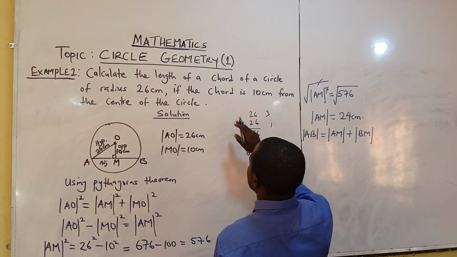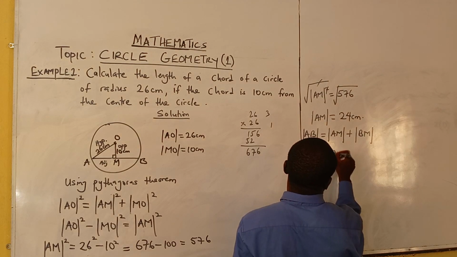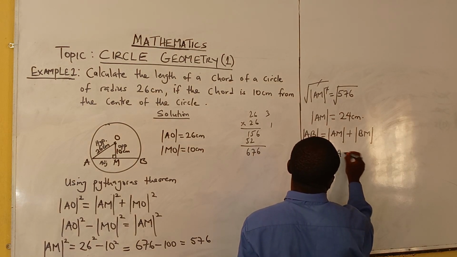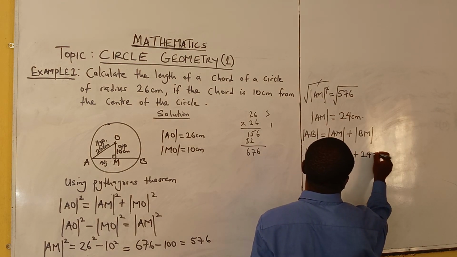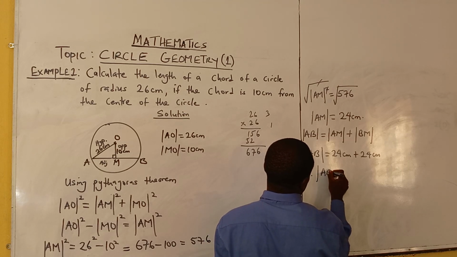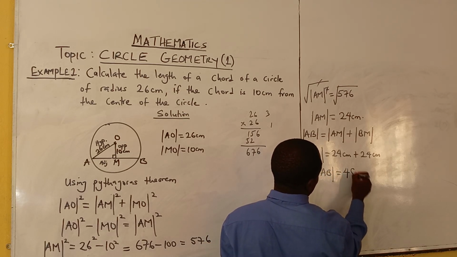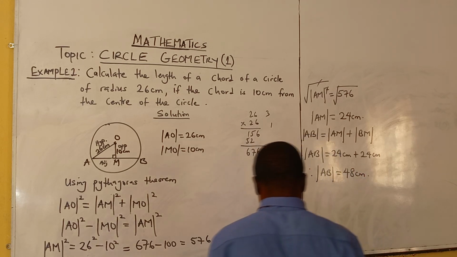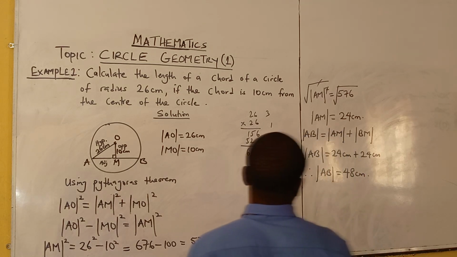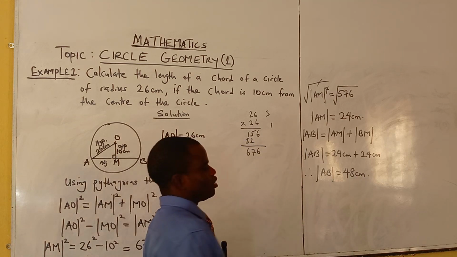Now the length of the chord, AB equals 24 centimeter plus 24 centimeter. Therefore line AB equals 48 centimeter, which is the length of the chord.